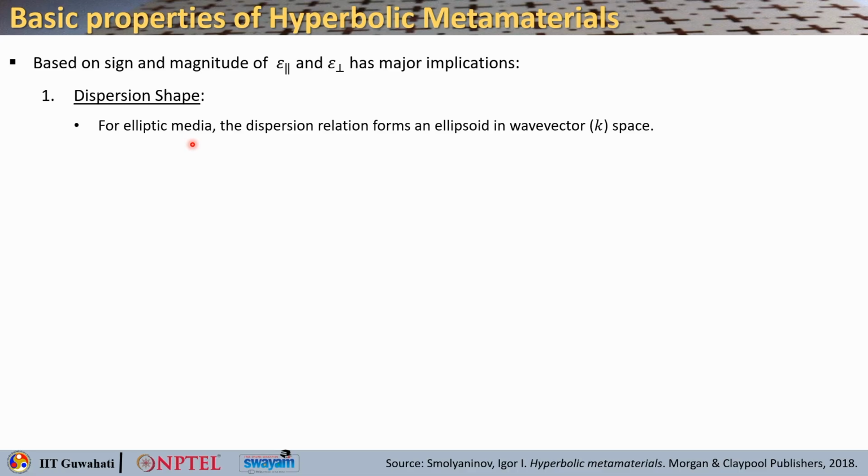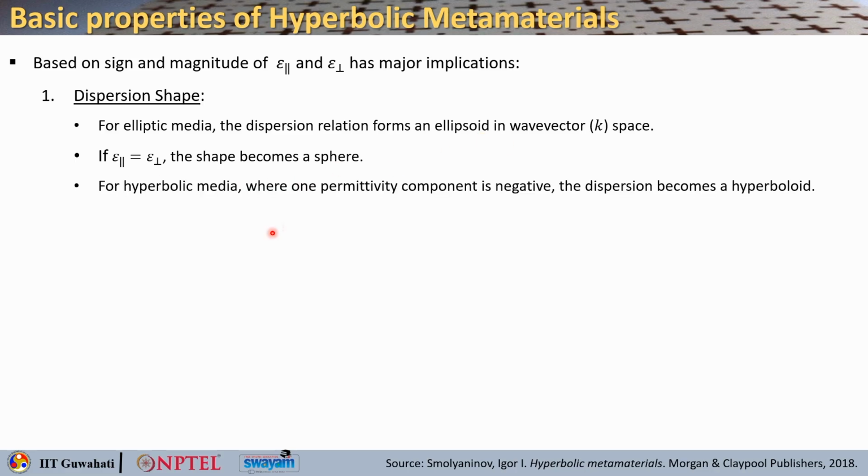For elliptic media, the dispersion relation basically forms a ellipsoid in the K space. Now, if you consider the two components epsilon parallel and perpendicular to be equal, this ellipsoid will become a sphere. That means it becomes a isotropic media. Now, in the case of hyperbolic media, one component is negative. So, in that case the dispersion becomes a hyperboloid.